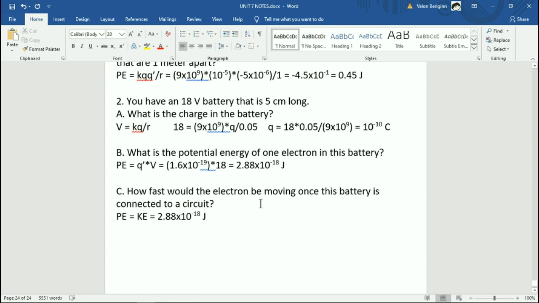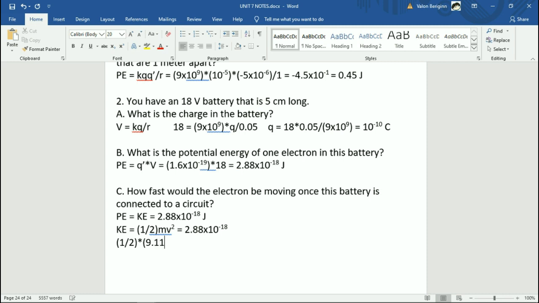That kinetic energy is 1/2 mv squared. Now our mass comes into play, because this would be the mass of the electron.